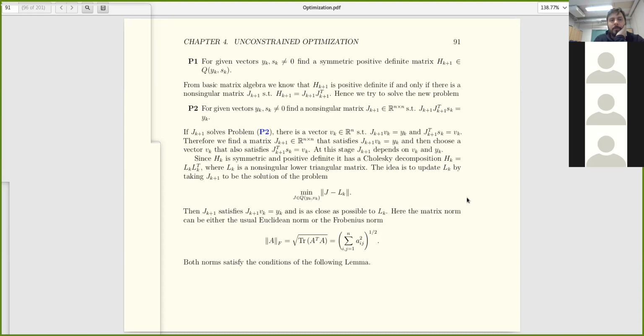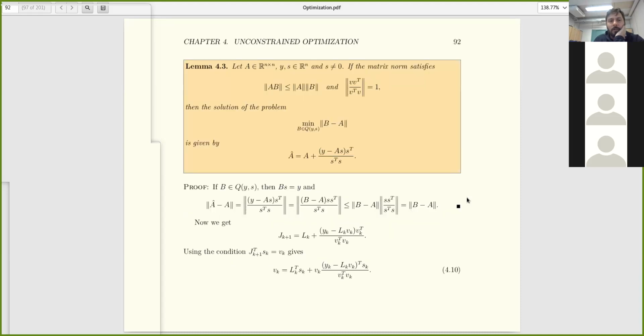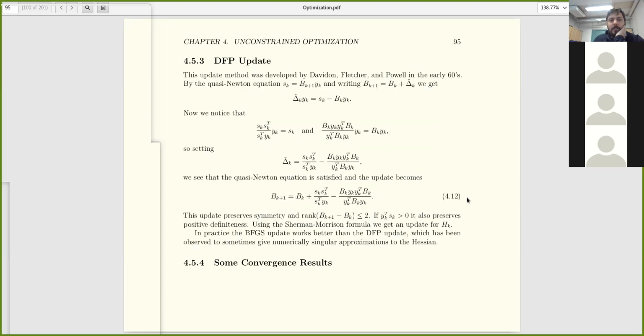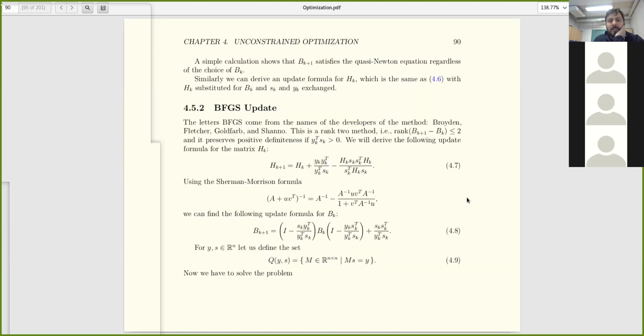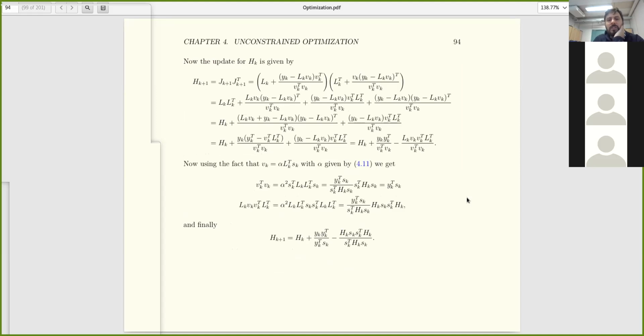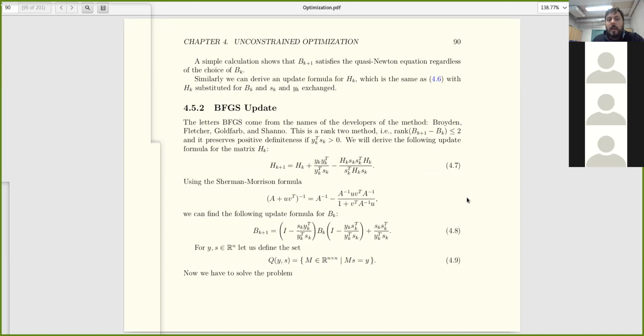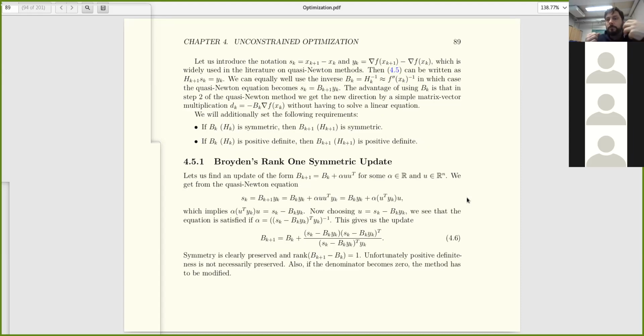I'm going to skip this latter part of it, and the lemmata here that derive this. You can look at these DFP updates and these BFGS updates. I'm going to skip them because this is very algebra heavy and serves very little purpose in developing our intuition into how this works. It's a good topic if you are interested in this kind of linear algebra bodybuilding.